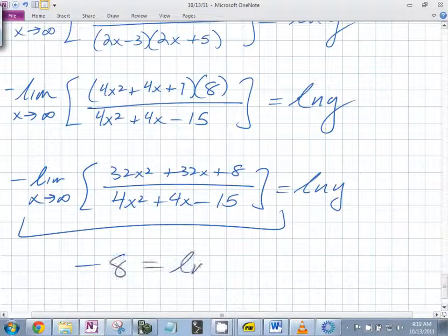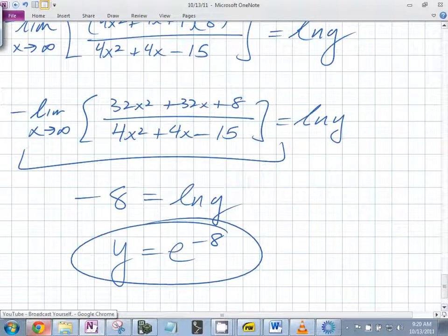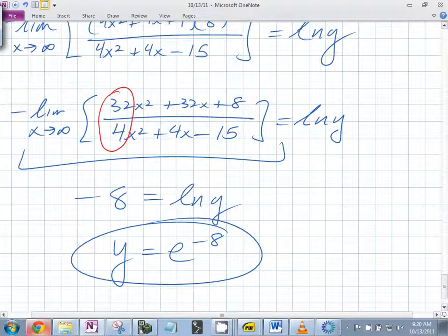So what does y equal? Wait, what? We have the same power here, right? So the only thing that matters is the leading coefficient, right? What's 32 over 4? 8. And there's that negative right there. I took that out just so I wouldn't lose it.